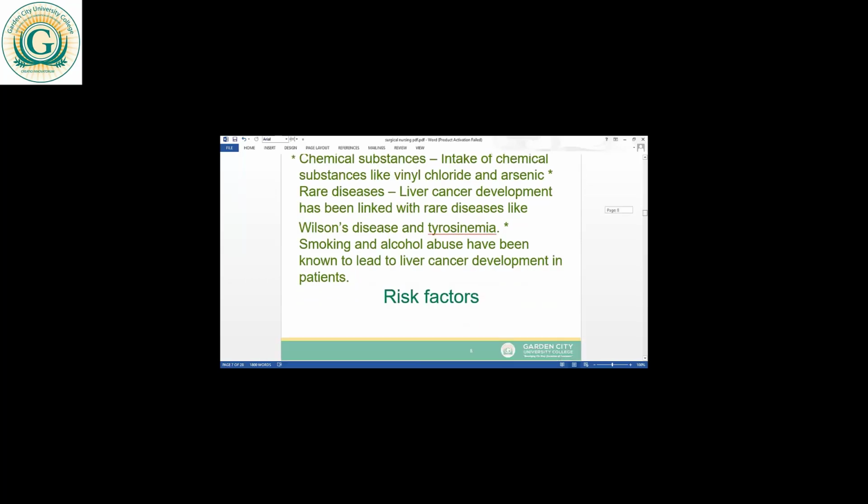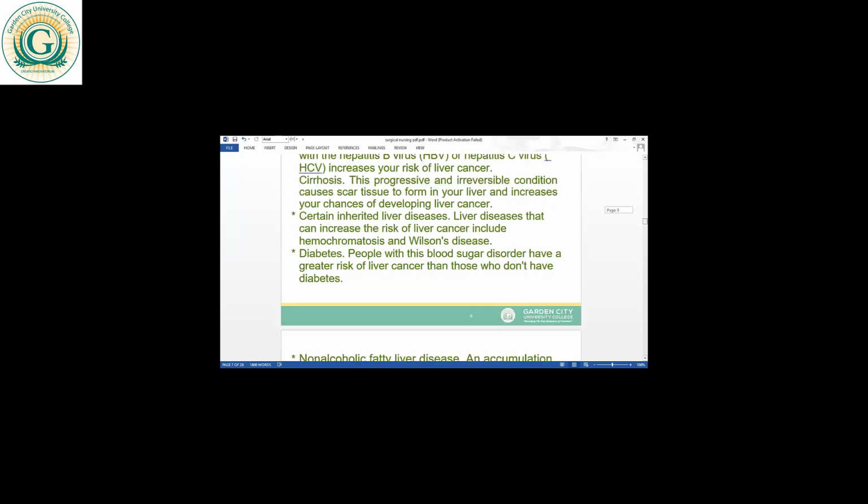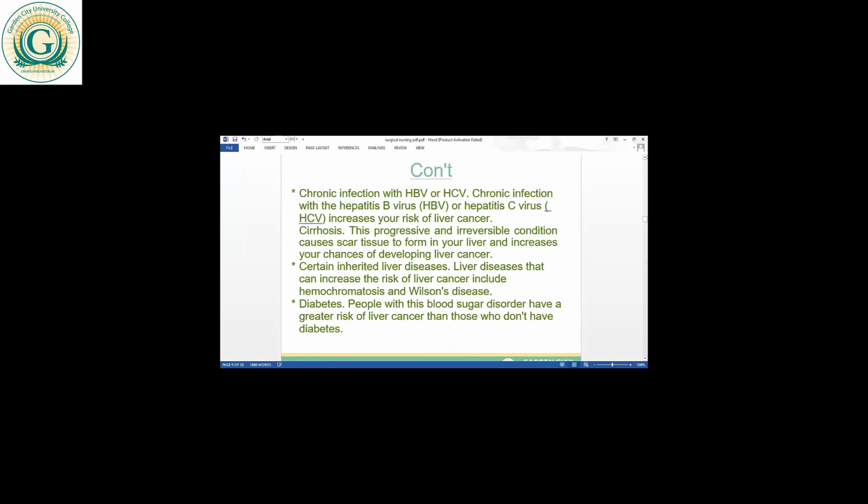Now we talk about the risk factors. With the risk factors, we have chronic infection with hepatitis HBV or HCV. Chronic infections with hepatitis B virus or hepatitis C will increase your risk of liver cancer. Liver cirrhosis is a progressive and irreversible condition that causes scar tissues to form in your liver and increases your chances of developing liver cancer.